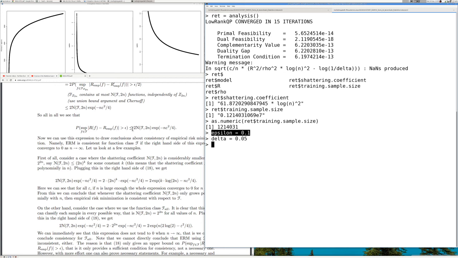And our delta is all this. This means that in the complement of this, 1 minus delta, in 95% of the scenarios, I will have 10% of difference between my empirical and my expected risk.